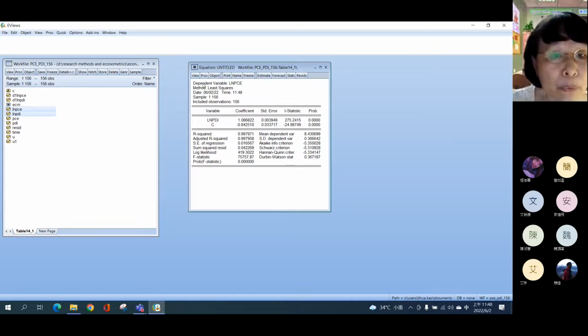And what do we know, before we do the Dickey-Fuller test? According to the output, where did you see maybe this regression is spurious? Anybody knows?